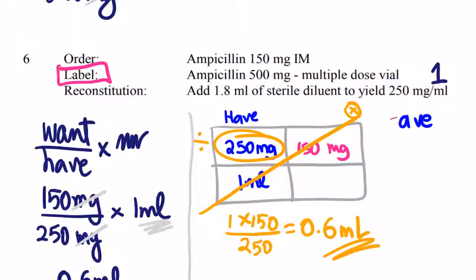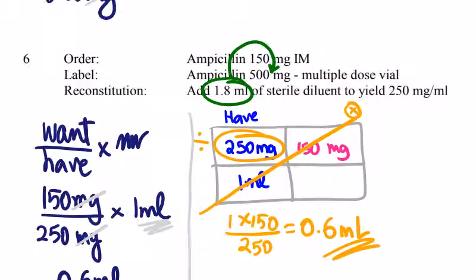We saw that we are going to add 1.8 mils to the 500 milligrams, which is the contents of the vial, and that will yield 250 milligrams per mil in concentration. But the whole thing will be what we've just calculated. It will be 500 milligrams in 2 mils, which is the same proportion.